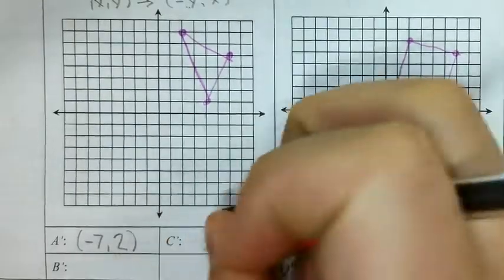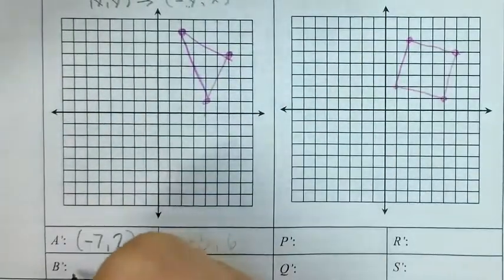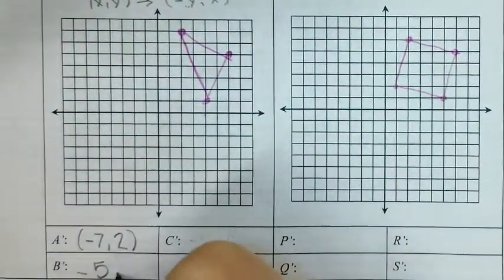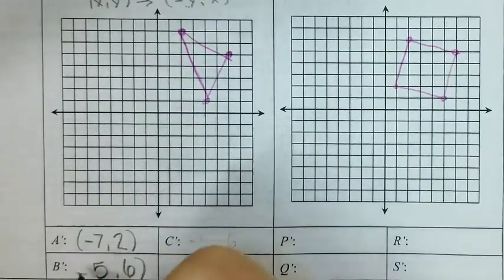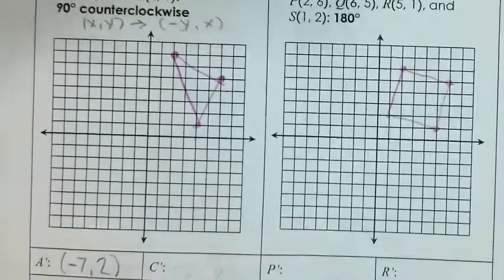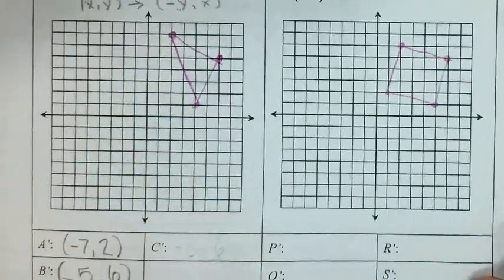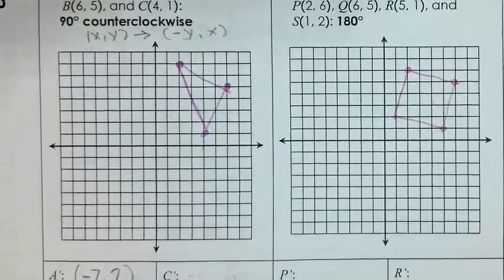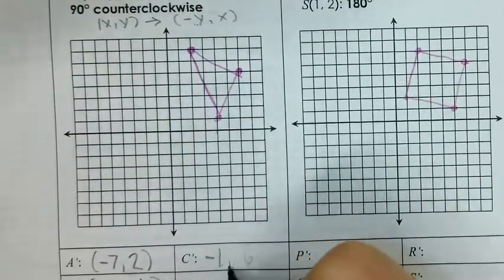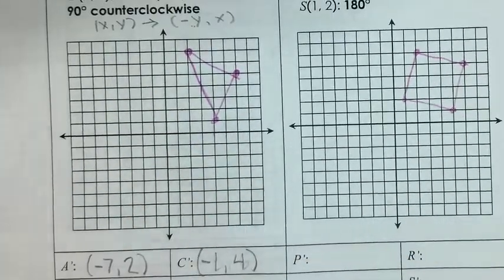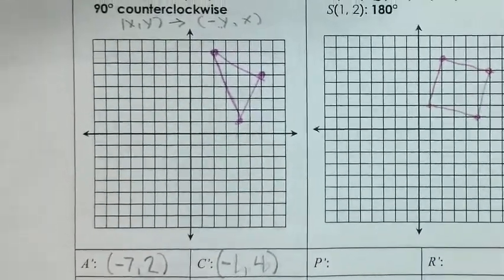Oops, wrong space. (-5, 6). And lastly, for C, we had (4, 1). It is now going to be (-1, 4). So let's graph these points.